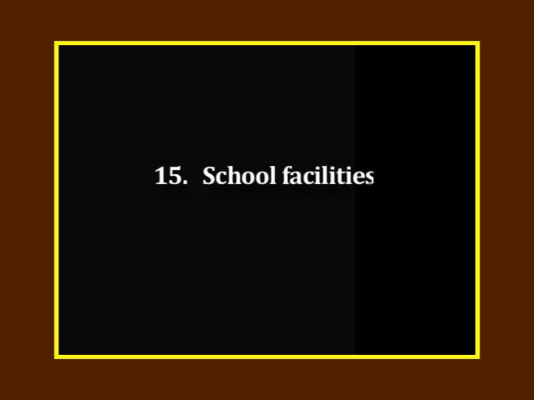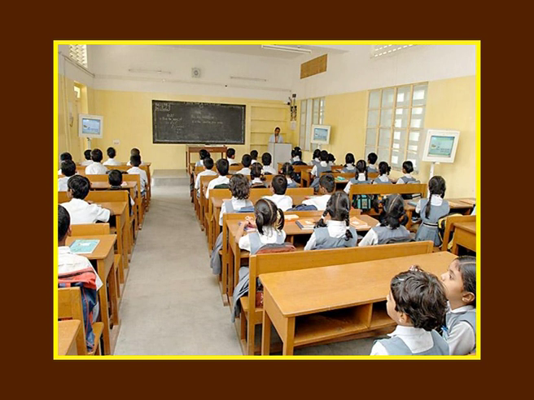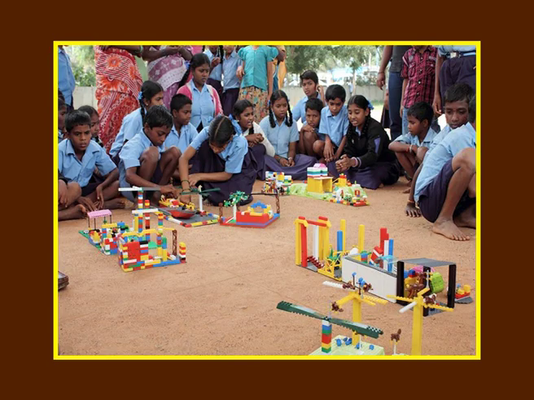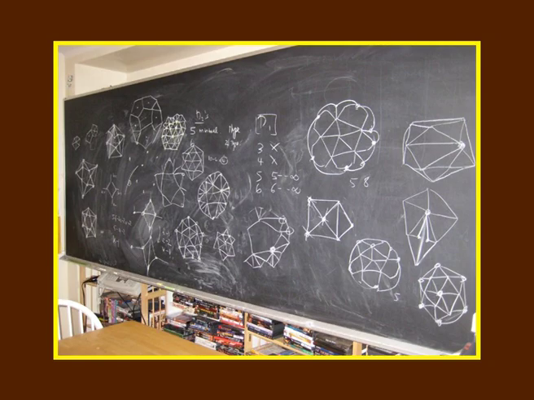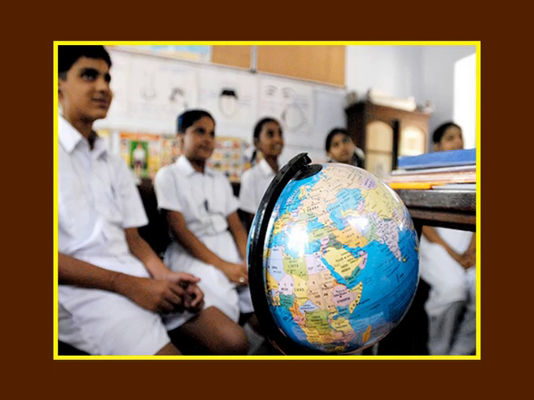Now, school facilities like Operation Blackboard. Provisions will be made for essential facilities in primary schools, including at least 2 reasonably large rooms that can be used in all weather and the necessary toys, blackboards, maps, charts, and other learning material.